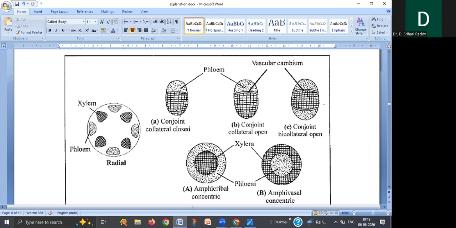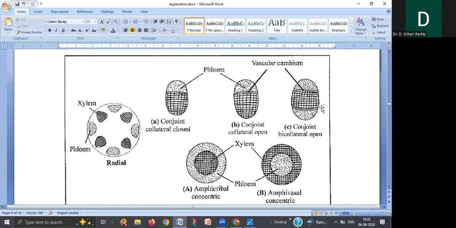Both are conjoint, collateral, and here the classification is based on the presence of cambium. If the cambium is absent, it is called closed. If the cambium is present between the phloem and xylem, that is called open. That is observed in the dicot stem. So you should remember all this. Closed collateral vascular bundle is present in the monocot stem, and open collateral vascular bundle is present in the dicot stem.